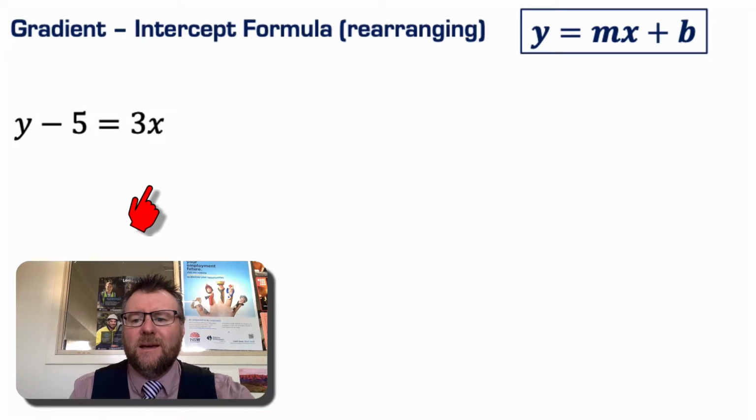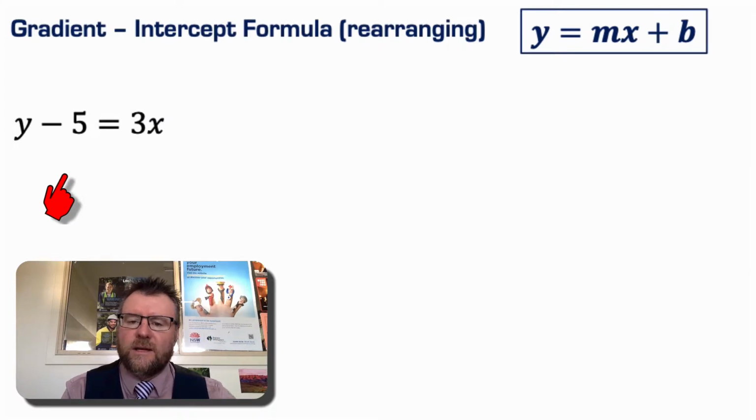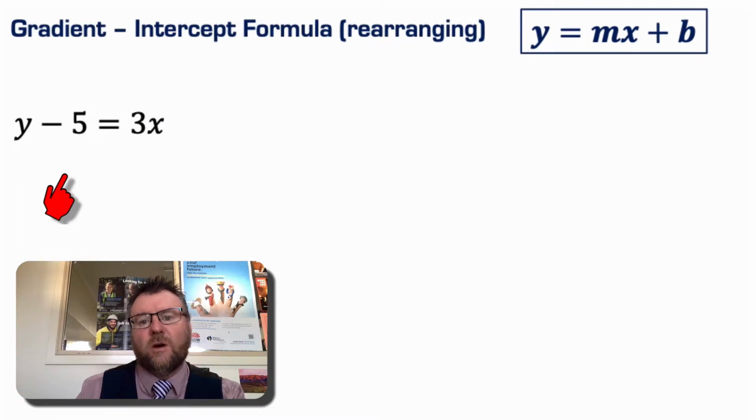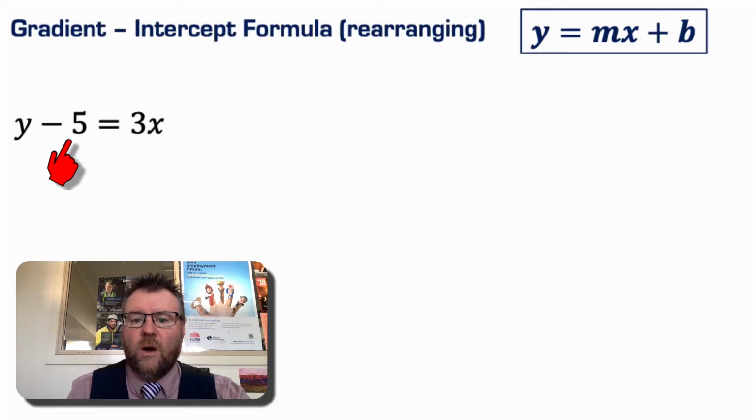This one here, I've got my y on the left hand side, I've got my x on the right hand side, just like I do here, but the b value is somehow over here. So I want to move it using my algebra skills until it looks like y on the left hand side, then the equal sign, then something x, and some constant, some number. So I'm just going to use my algebra skills. If I'm trying to get the y on its own here, I need to get rid of this minus 5.